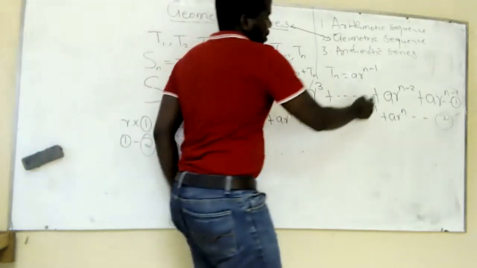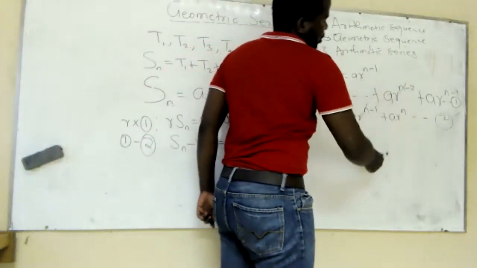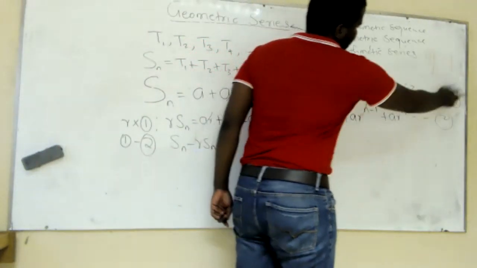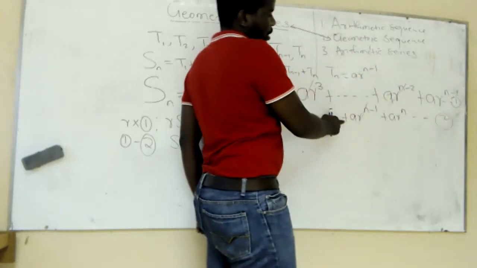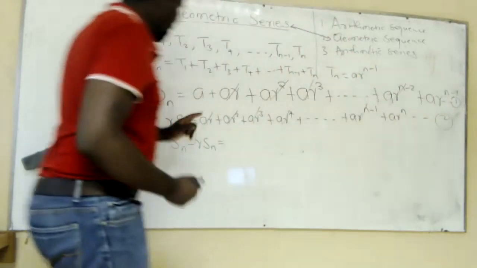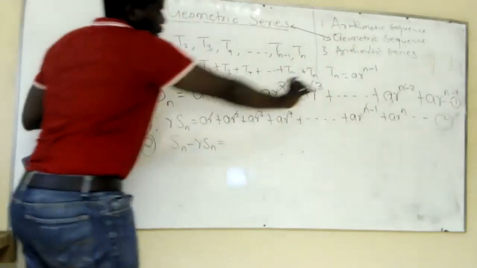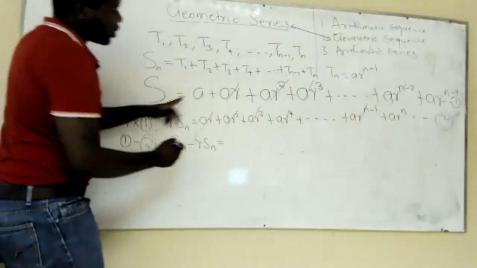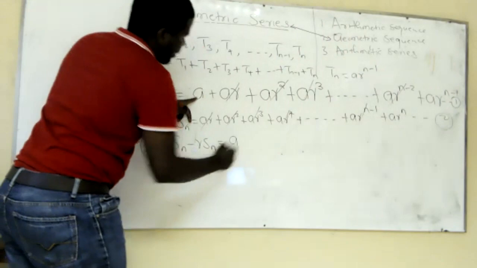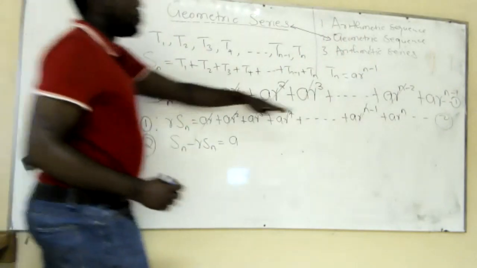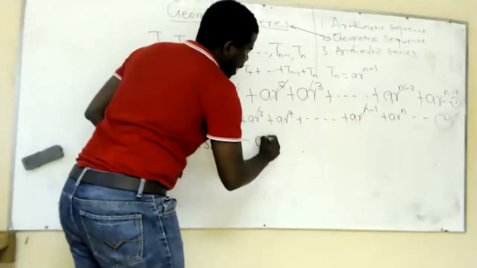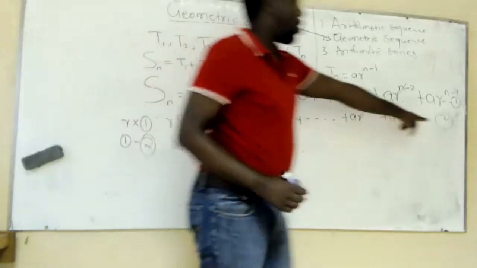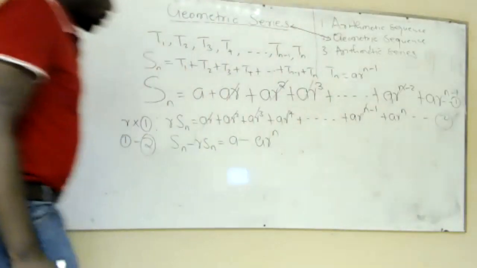Same here. This term here is going to cancel with that. This is going to cancel with that. Even this one is going to cancel with the term inside. So that simply tells us that in this subtraction of the two equations, we're going to be left with a on the first minus ar to the power of n on equation number 2.